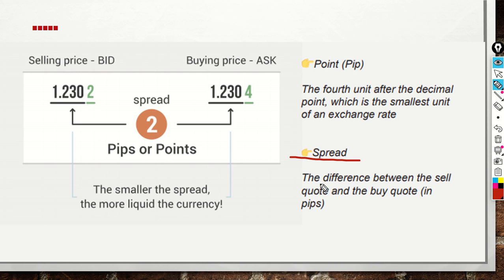So spread is always quoted in pips. In this case, our spread was 2 pips, not 2 points, because we said this is our pip value.